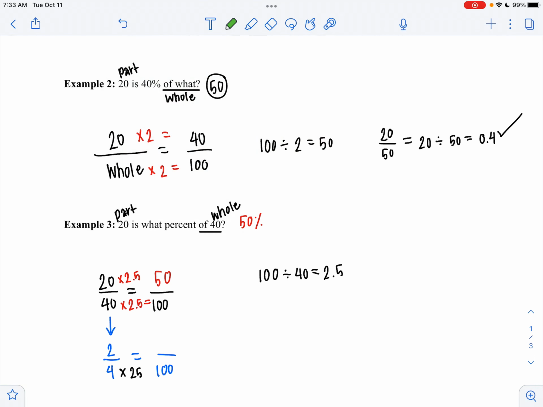There's one more way you could solve this problem. You know that 20 out of 40 can be converted to a decimal by dividing 20 by 40, which equals 0.5. We can move from a decimal to a percent by multiplying times 100, which would also give us 50%.